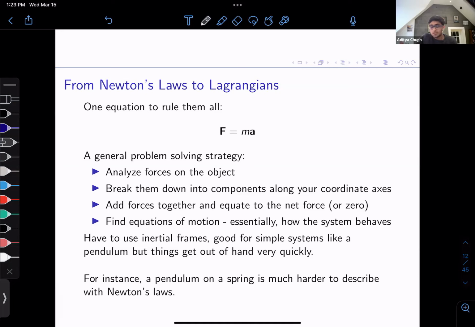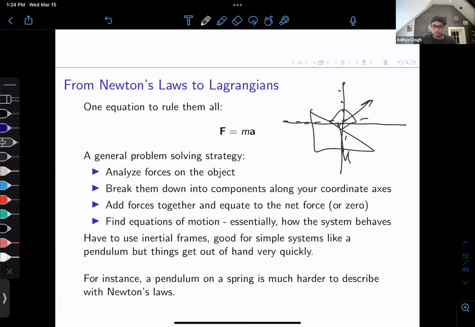We set up a coordinate system, and we would try to break down the forces along these orthogonal axes, and then along each axis, we would try to add the forces together, equate them to a net force, and that would help us find the equations of motion. Again, that essentially tells us how the system behaves.